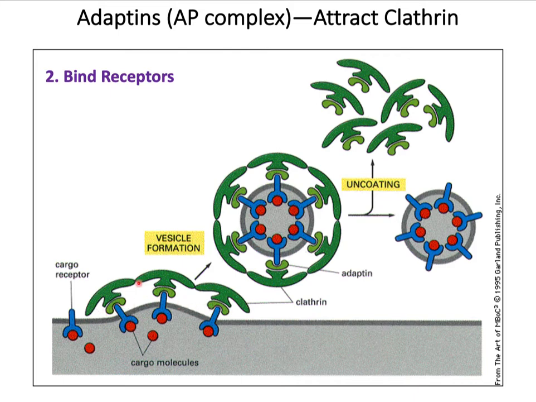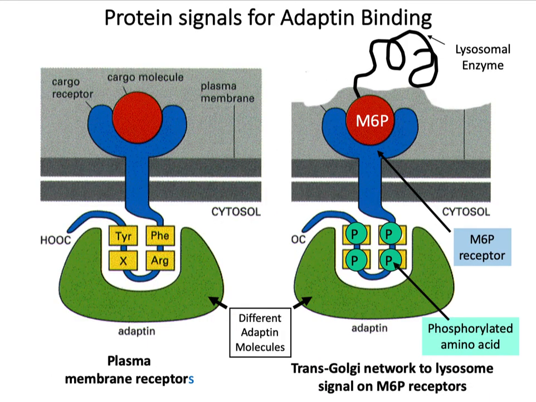Remember that I said that when clathrin-coated pits form on the plasma membrane, some surface receptors have the propensity to enter those clathrin-coated pits, or they are attracted to them. What attracts them to these pits are the adaptin proteins, which are part of this coat. So here again, you have the clathrin-coated vesicle being formed, you have the uncoating and the recycling of the clathrin coat.